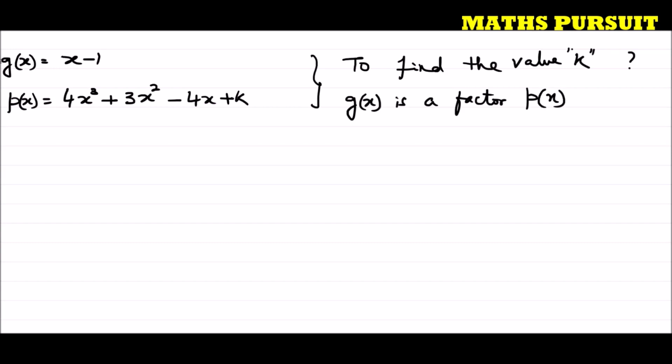That means x minus 1 is a factor of 4x to the power 3 plus 3x to the power 2 minus 4x plus k. So guys, let us apply the factor theorem.